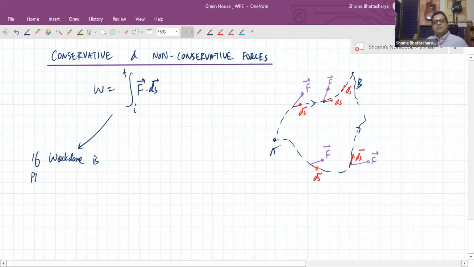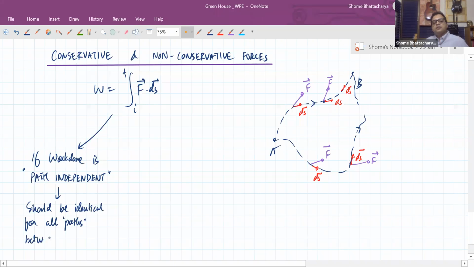So if the work done is what we call path independent, what path independent means is that it should be identical for all paths. Any path we select, it should be identical between the same initial and final position. Then we say it is path independent.